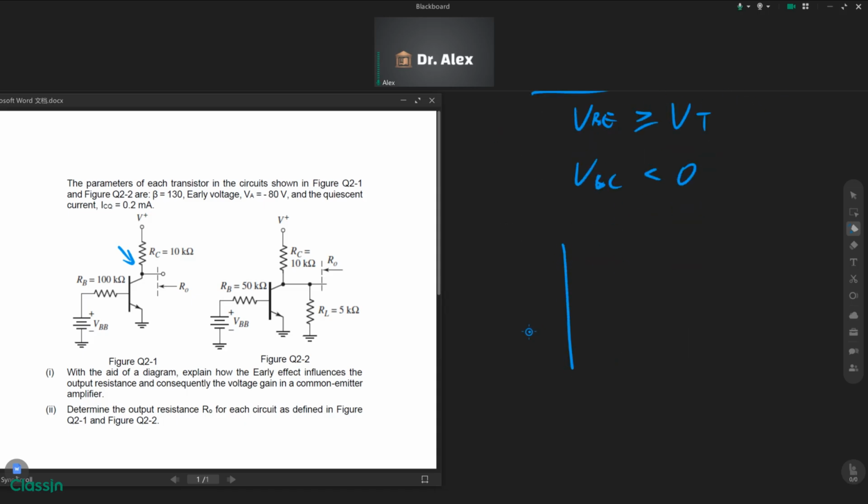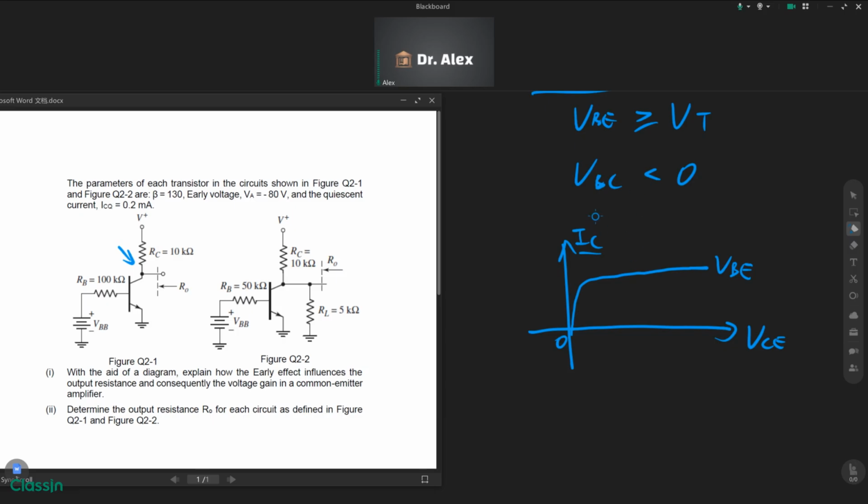We can use a diagram to show it. The x-axis is VCE, and the vertical axis is IC. If it is an ideal bipolar transistor, it should be like this, so the value of IC is only related to the value of VBE.